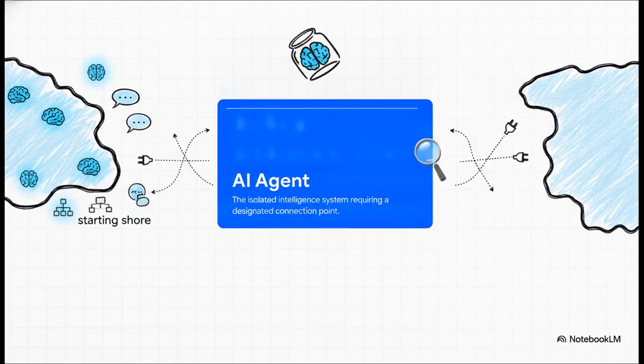So what is it? An AI agent is basically the isolated intelligence system that desperately needs a designated connection point. Think back to that starting shore in our metaphor. This agent, it can reason, it can process natural language, it can formulate these really complex multi-step decisions, but fundamentally, it's operating in a silo. Without a structured connection point, it's essentially a brain sitting in a jar.